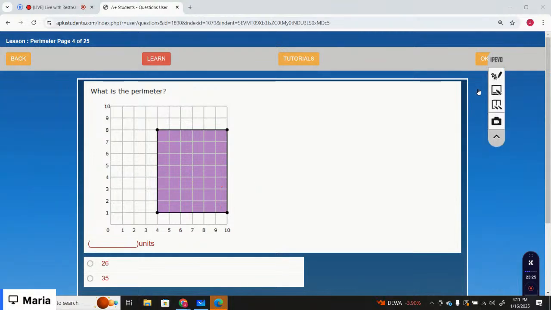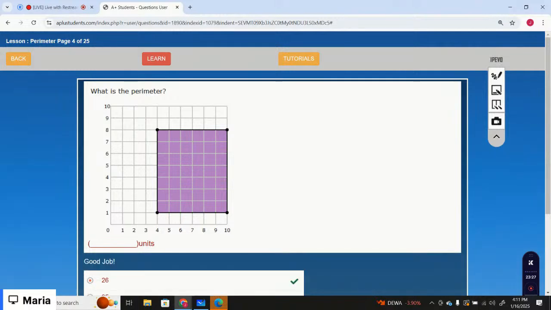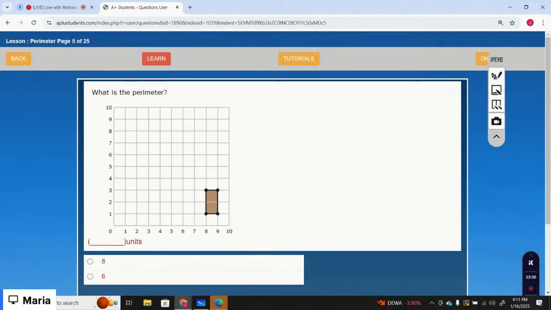Option number 1 is the correct option. That is 26. What is the perimeter?